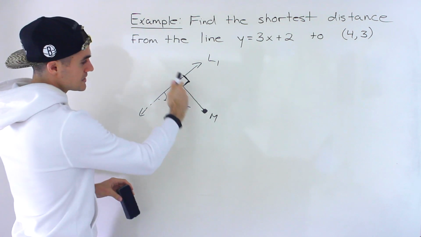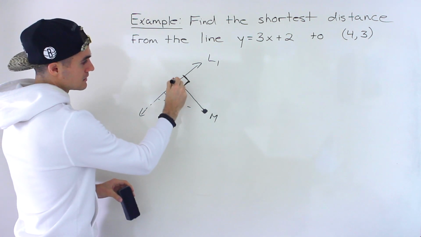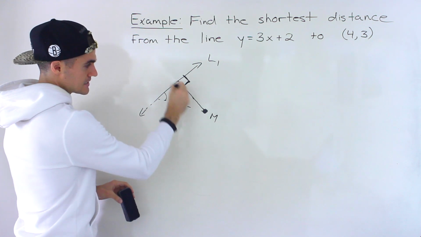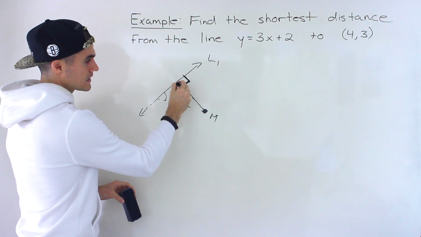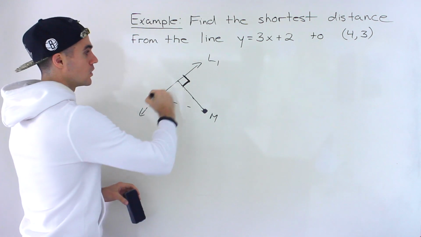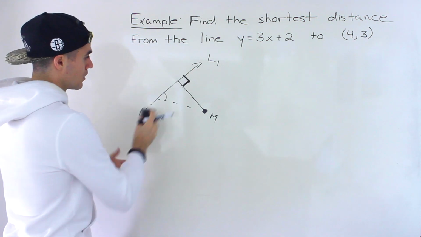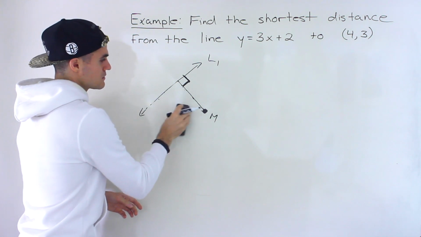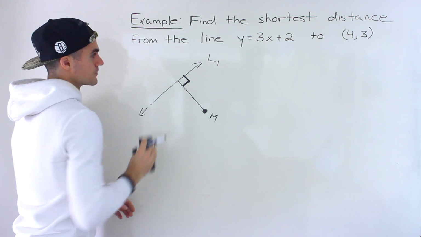Okay, so the distance line is always going to be perpendicular, or make a right angle, or an angle of 90 degrees with the line that you are working with. So that's the first thing I want to point out.